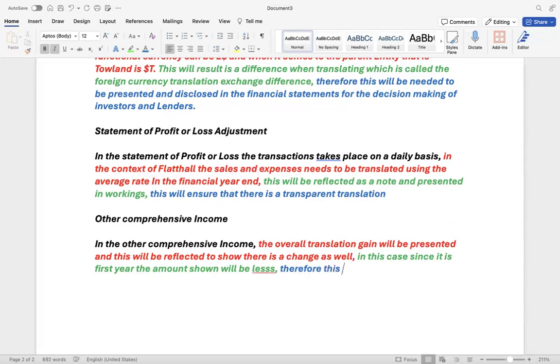Therefore, this will have some clarity to the investors that this change is not a result of business trading, not a result of business trading.